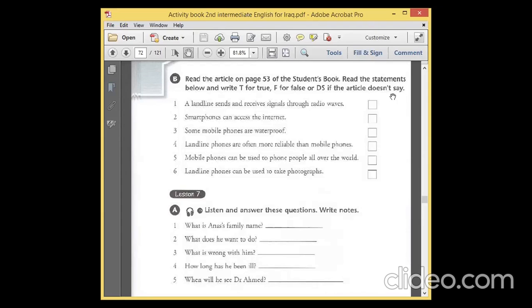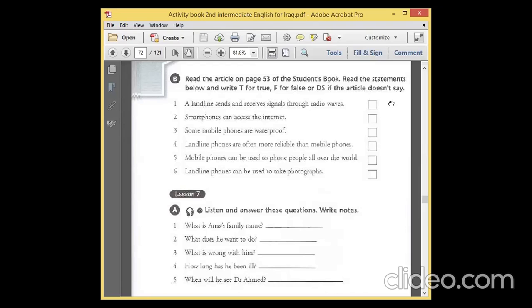Now you should say DS, because the exercise tells you to write DS if the article doesn't say this, right? And the article doesn't mention anything about whether a mobile phone is waterproof or not, right? So here you should put DS in 3.